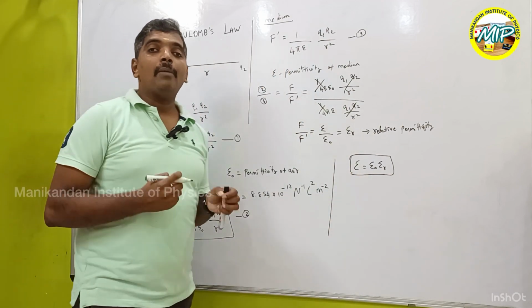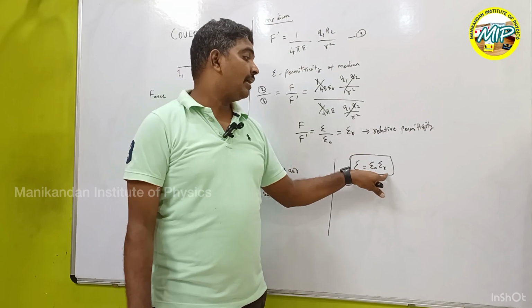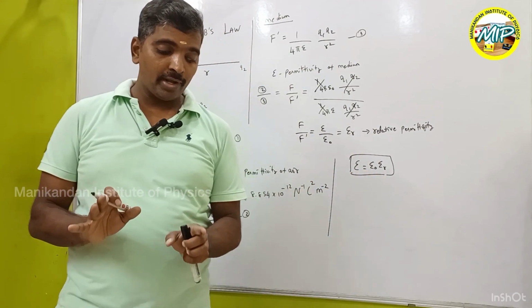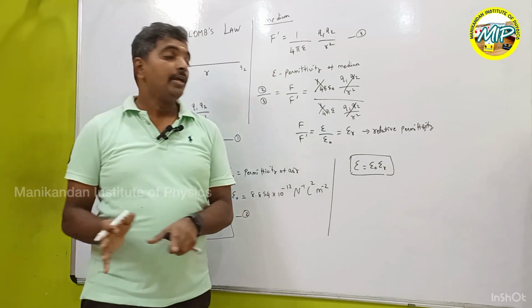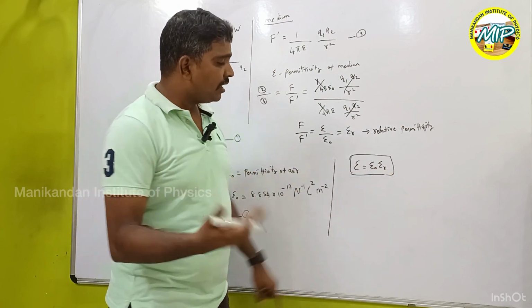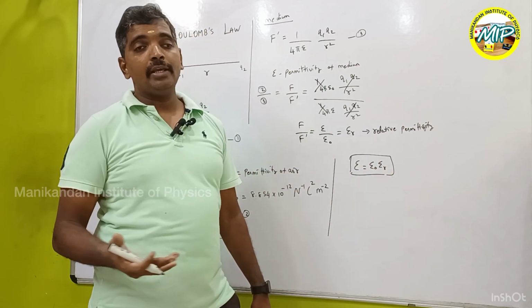While solving the problem, they will provide only epsilon r. They will not provide the permittivity of the medium. They provide only the relative permittivity of the medium.